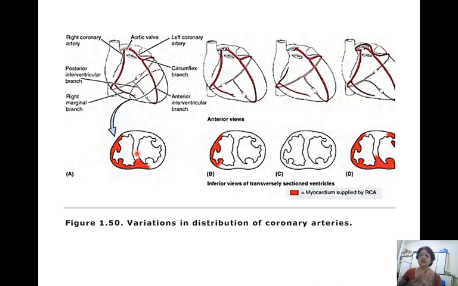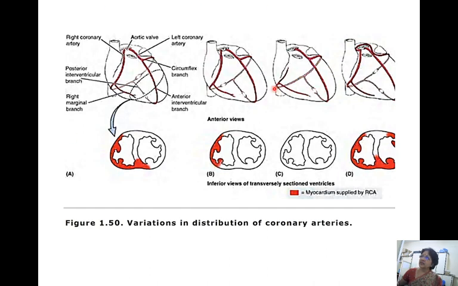This is the usual. In this one, the posterior anastomosis is much mitigated and the right didn't even give the posterior interventricular branch. Here it gave the posterior interventricular; here it didn't give. So the left coronary had to give. The left coronary ended up giving the posterior also, and it has already given the anterior. So the entire interventricular septum is supplied only by the left coronary. The right coronary supplies only a little bit of the wall of the right ventricle.